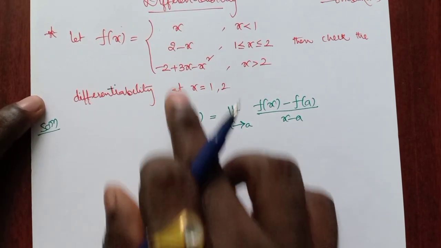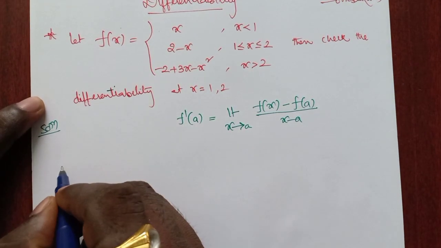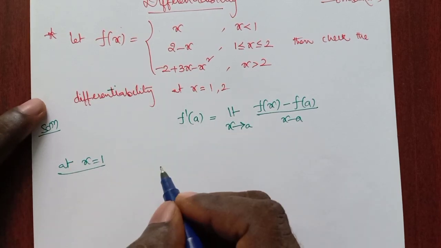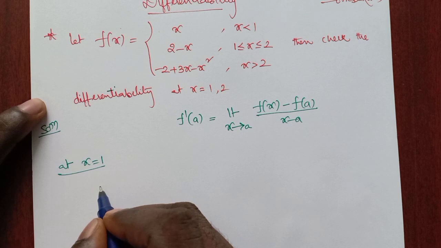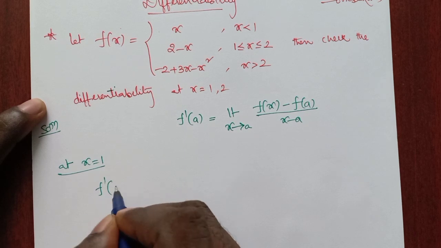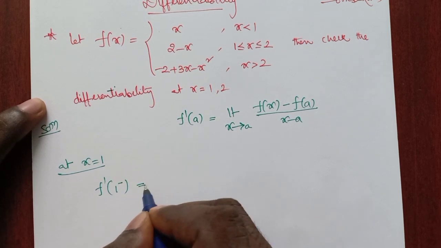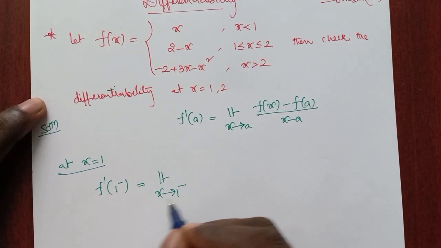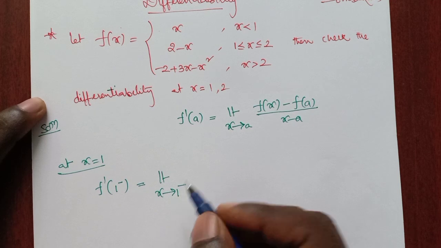Now coming to the left hand derivative at x equal to 1, it is nothing but f dash of 1 minus. Simply limit x tends to 1 minus is what? X is less than 1.